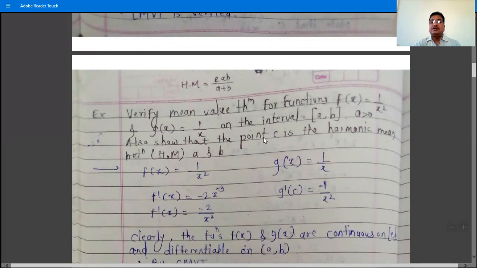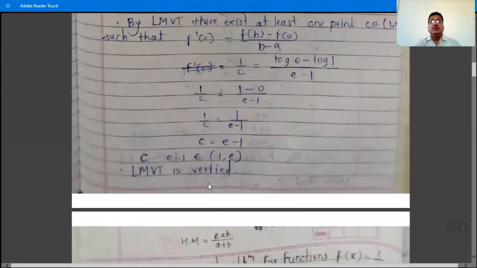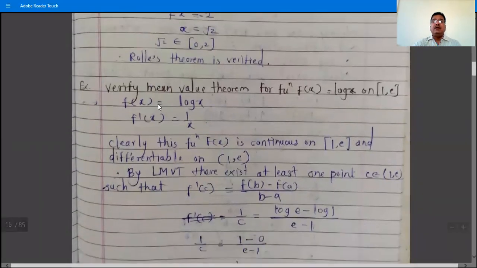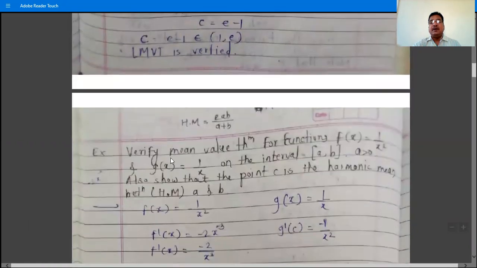We are given two functions, so we have to verify Cauchy's mean value theorem, because in an example where only one function is given, we verify Lagrange's mean value theorem. Here f(x) and g(x) are given, which means we have to verify Cauchy's mean value theorem.